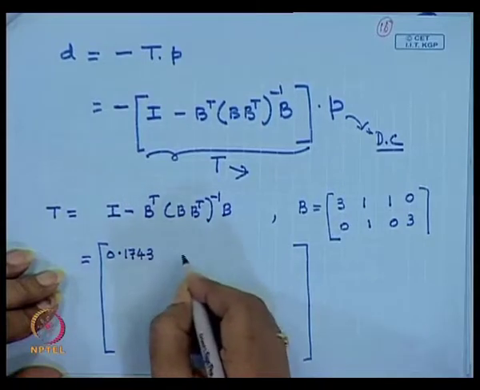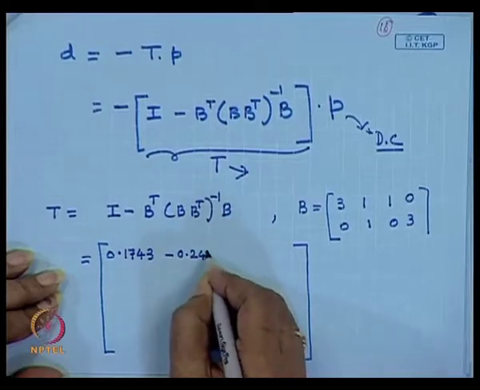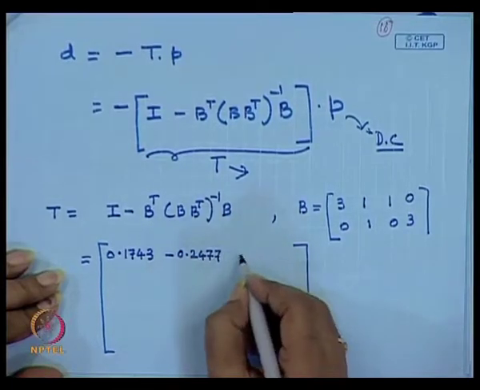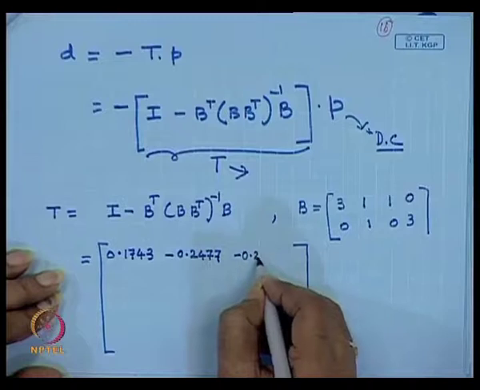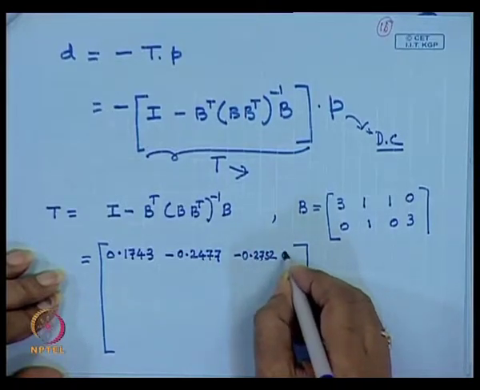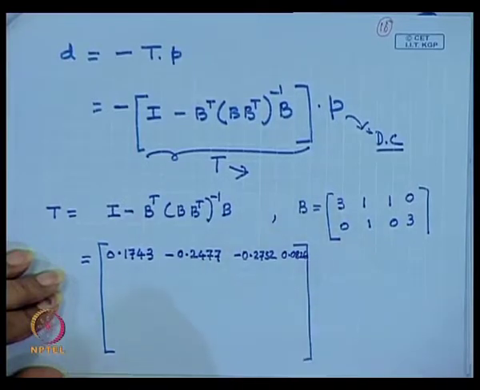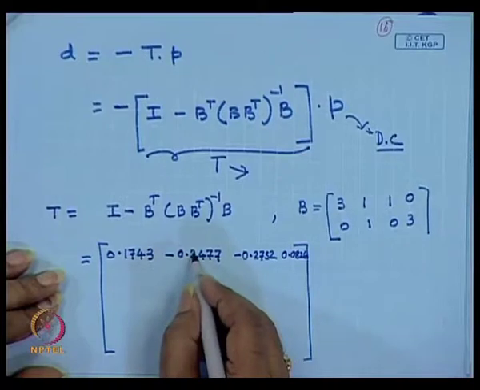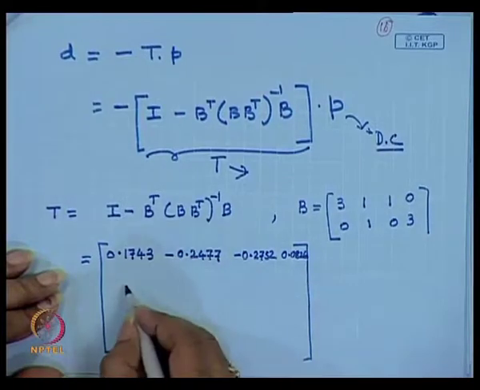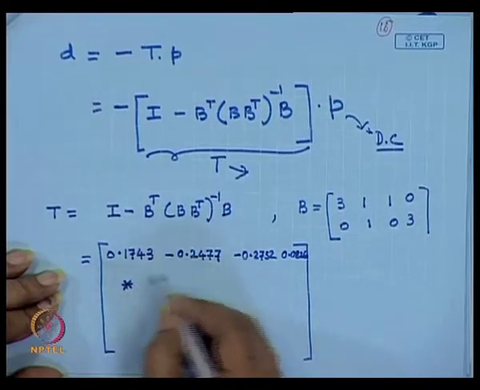The values are 1743, minus 0.477, minus 0.2752, then 0.826. Since this matrix is symmetric, this is the same as that one. Star means the corresponding elements of symmetry are the same.